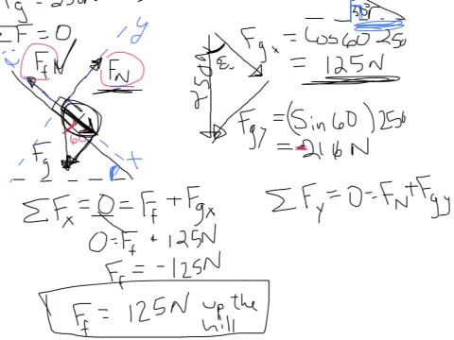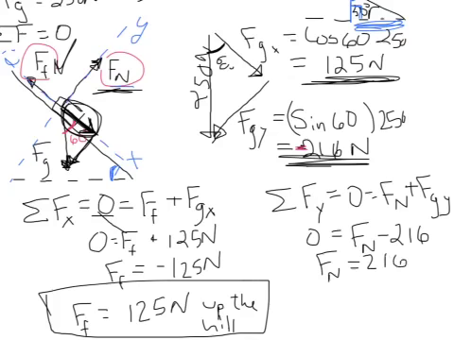So those two forces together have to add up to 0. We already know the force of gravity in the y direction. It's negative 216 newtons plus the normal force must be equal to 0, so we can find that the normal force is equal to 216 newtons in the y direction.